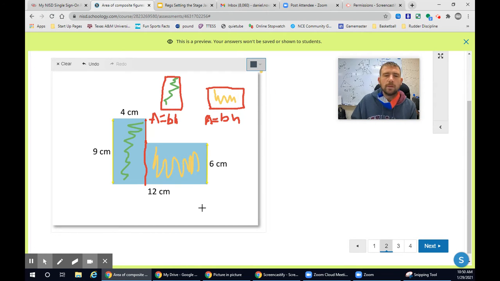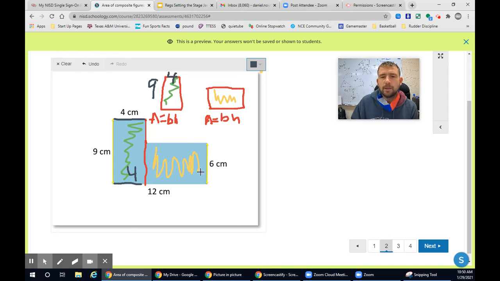All right, so looking at the green rectangle, I can transfer the numbers that I see. I see that I have 9 here and a 4 there. And remember, we could transfer over, which we're going to talk about here in a second, but it's important to understand that if the top is 4, then I know that this bottom down here is also 4.